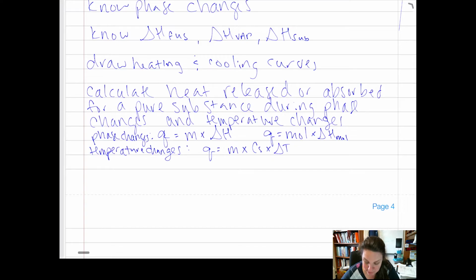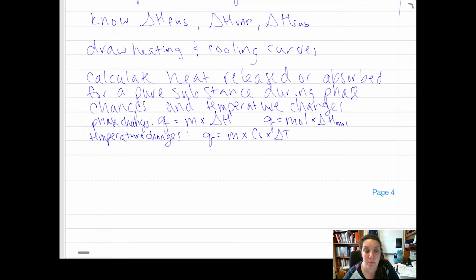You also may have it as a molar heat. So you'd have Q is equal to moles times your molar specific heat times delta T. Okay? So again, just pay attention to your units.